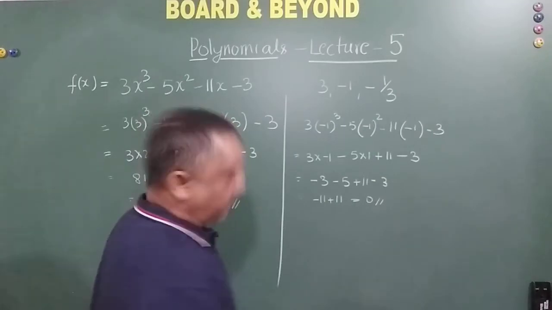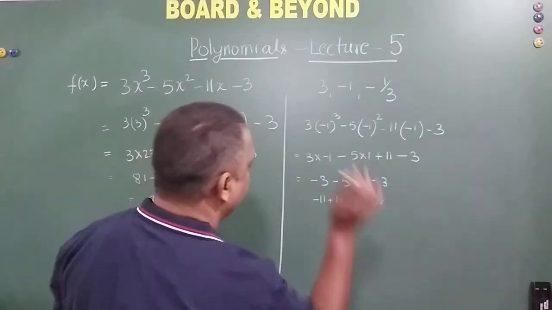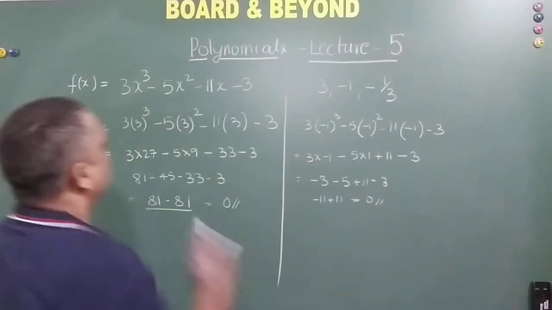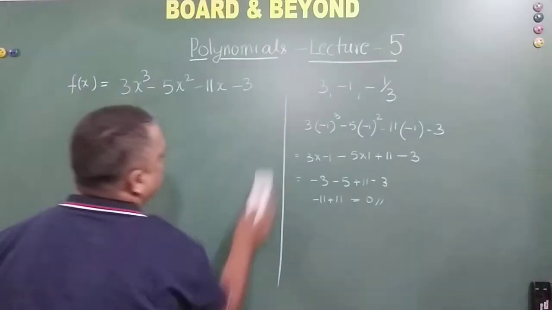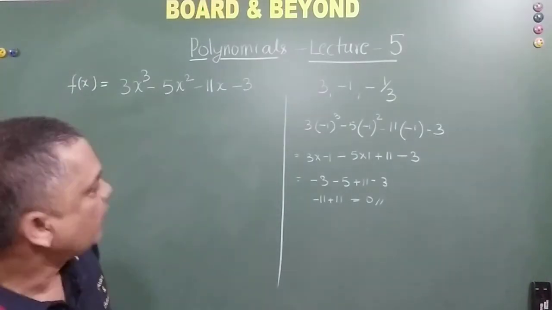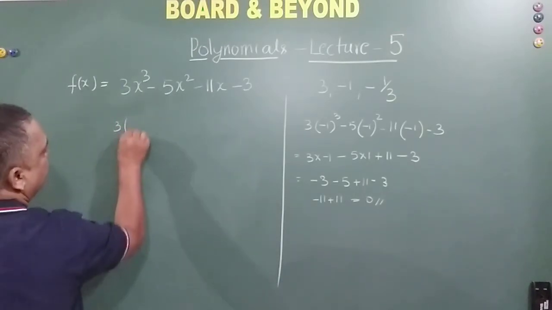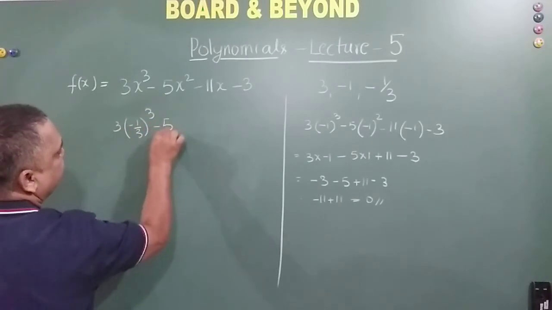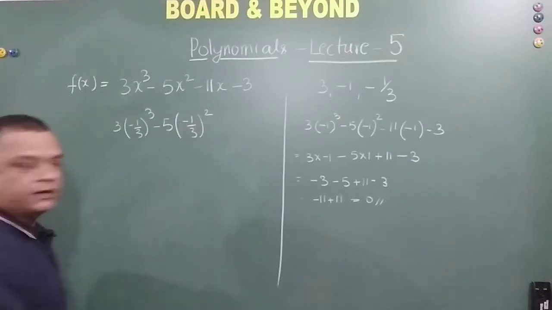Let us now do -1/3. For this I'll have to rub one thing at least. So let's take -1/3. So 3 into -1/3 cube minus 5 into -1/3 square, right?